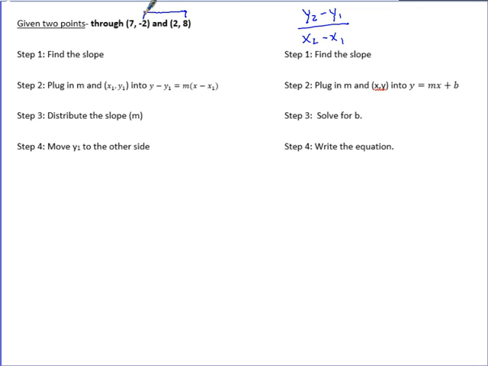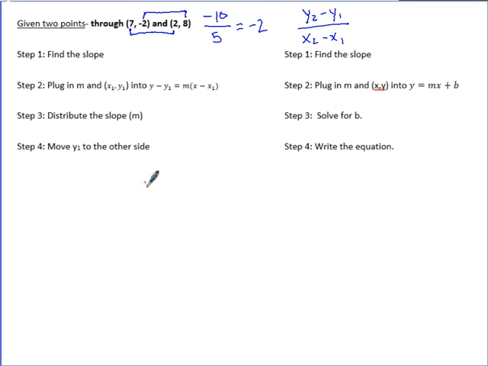So I would do -2 minus 8. That gives me -10. And then on the bottom, I'm going to do the x's. So 7 minus 2 is 5. And then I'm going to simplify. -10 over 5 is -2. Okay, you would get the exact same answer if you plug this into your slope formula.